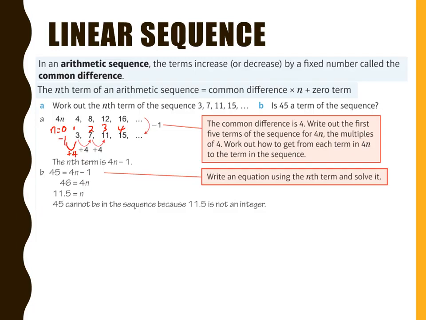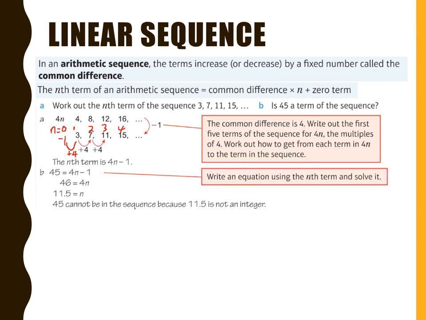But I teach it differently. I just say, well, okay, you know the difference is 4, and then you know times n is 4n. What do you have to do to 4n to get to 3? 4n plus what or minus what gives you 3?